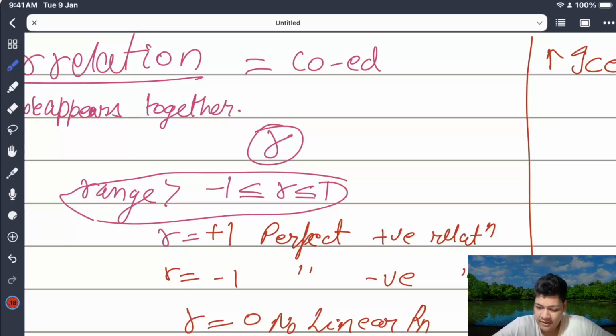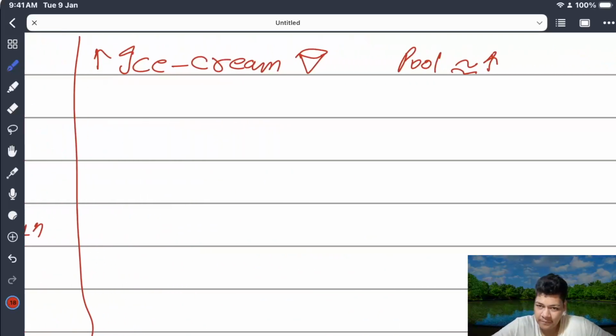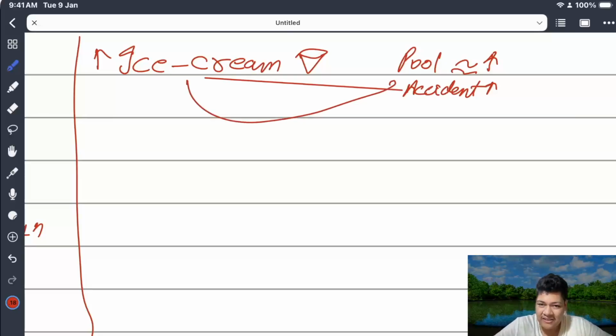But we can't say that the increase of ice creams leads to the increase of pool accidents. Have you seen that sales of ice cream increase and as a result swimming pool accidents also increase?